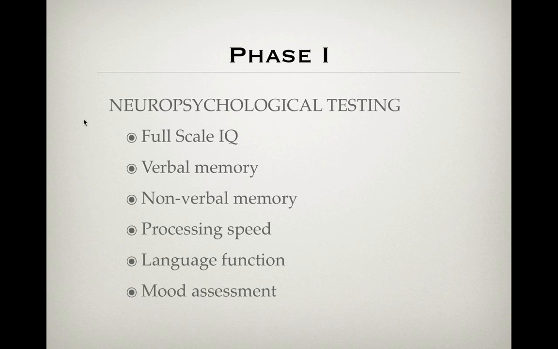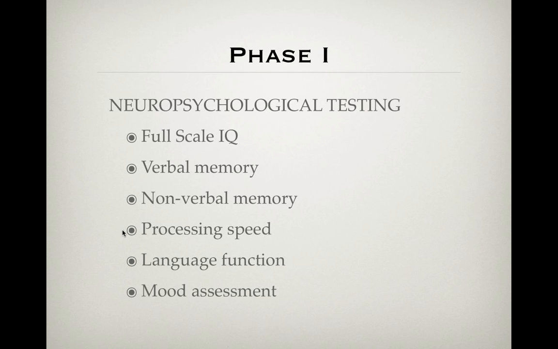Also part of this phase 1 is neuropsychological testing. Very important to understand what the patient's baseline IQ is, IQ testing. Also to test their verbal memory, memory of words, nonverbal memory of pictures, processing speed.